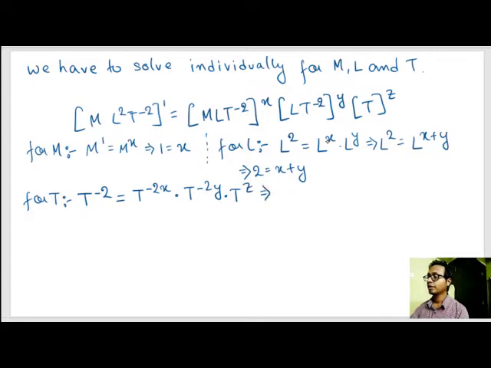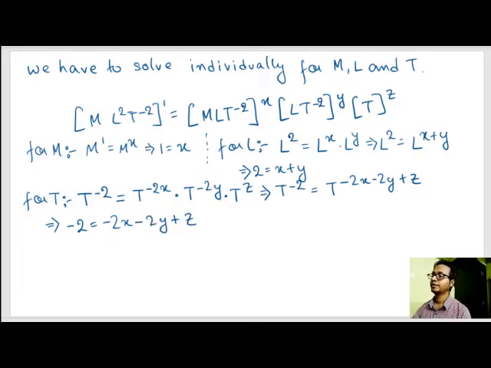So T to the power minus 2 is equal to T to the power minus 2x minus 2y plus z, or minus 2 is equal to minus 2x minus 2y plus z.